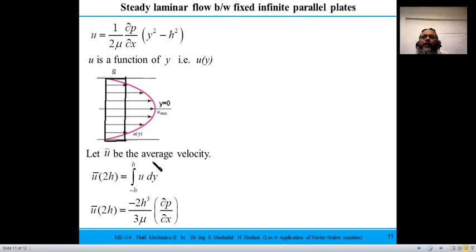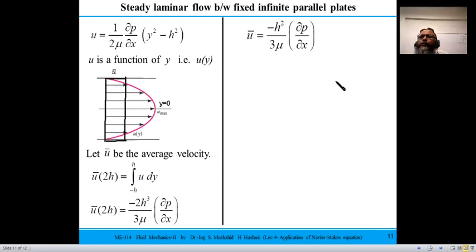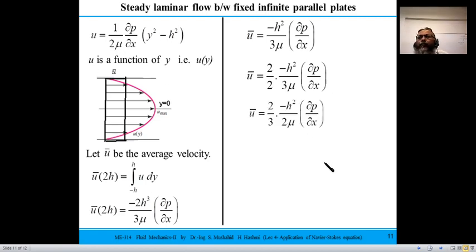And if you just integrate this, we already have done it by integrating this in the volume flow rate term. So you just substitute the result, and then you need to simplify this equation. For U bar, I have just multiplied and divided by the same number so that I get 1 upon 2 mu like term.